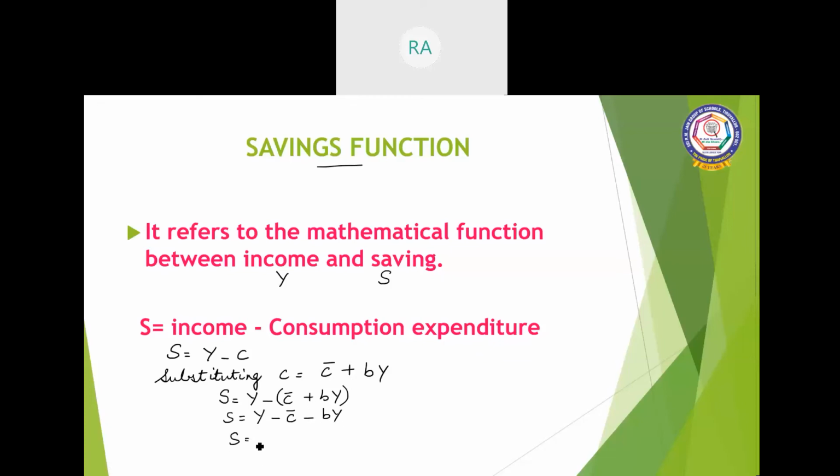S is equal to minus C dash, that is autonomous consumption expenditure, plus Y minus BY.